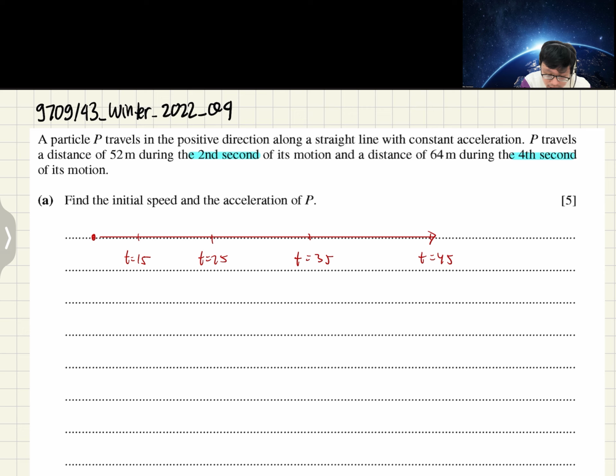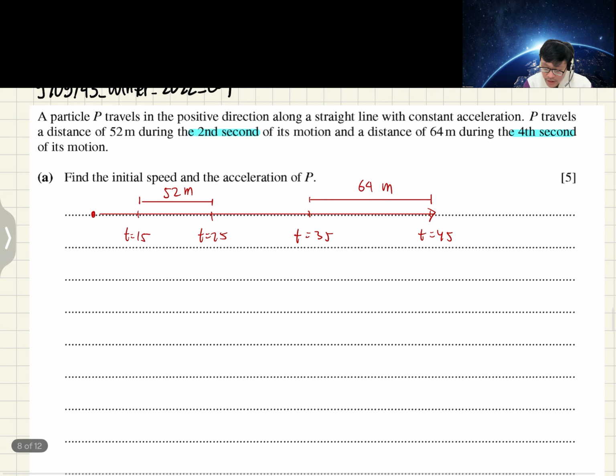So the second second is the distance traveled from time equals 1 until time equals 2. So it's 52 meter. And the fourth second will be from time equals 3 until time equals 4, which is 64 meter.